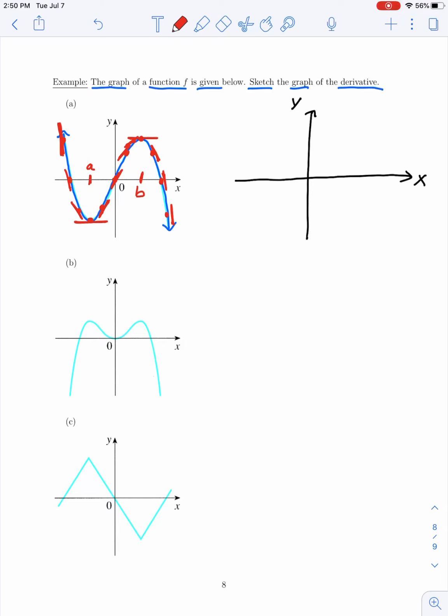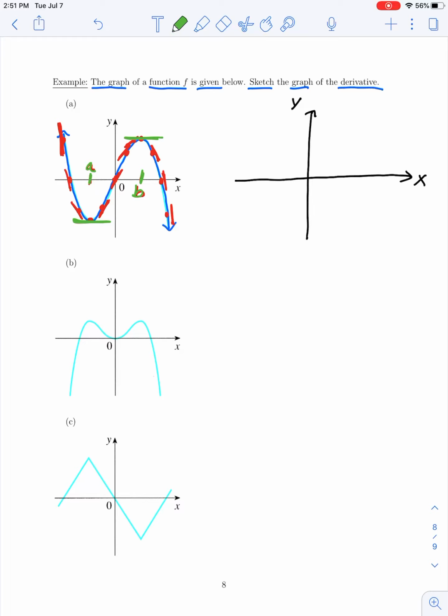So how can I use this to sketch the graph of my derivative? Well, we found in this sketch for our tangent lines that at the values of x equals a and x equals b, our tangent line was horizontal. That is, it has zero slope.